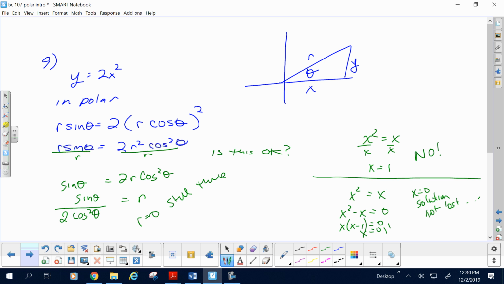It's not lost. It is still a point on the graph. So that lost solution is actually not a lost solution. Okay? So don't worry about it. It is okay in this case to dump an r, and that's how you're going to solve for r. Okay? All right, go on to 10.